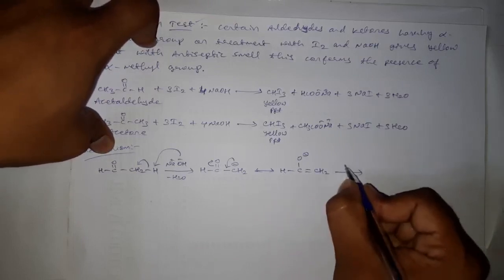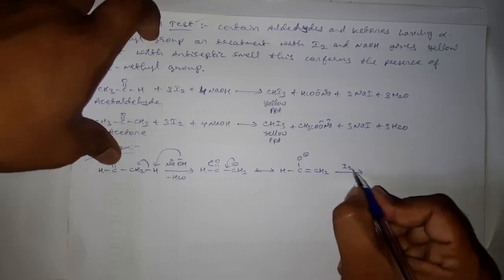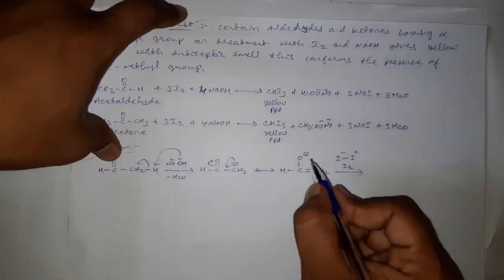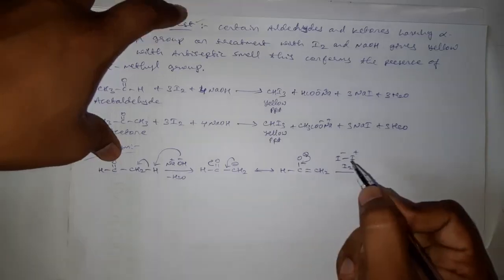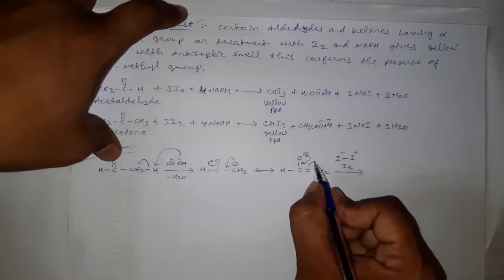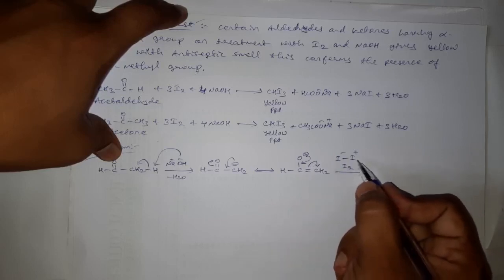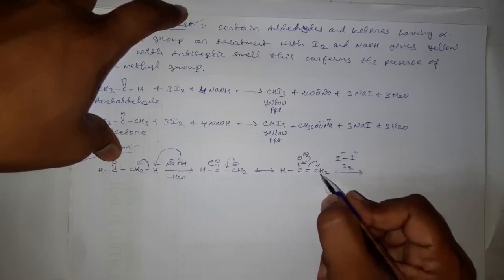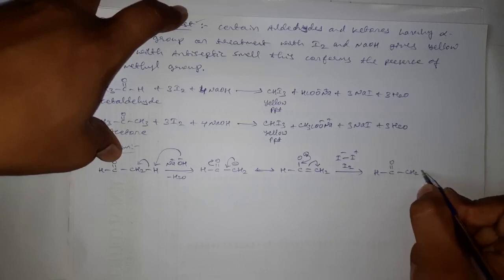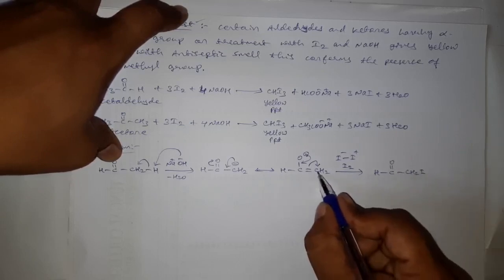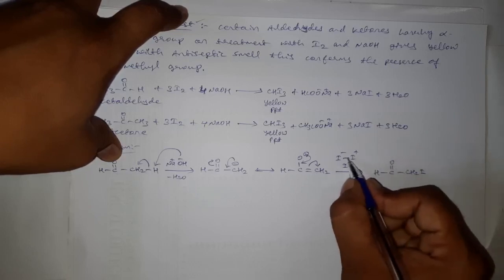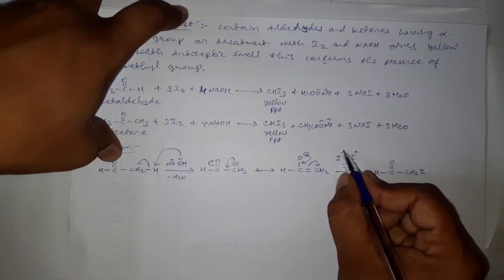And when it is treated with iodine, this iodine is there as I minus I plus, and this negatively charged electron pair will now delocalize through this oxygen carbon single bond, and this double bond will now move towards a carbon, and the positive iodine will now combine with this negatively charged carbon to form HC double bond O CH2I. This negatively charged carbon will now attract this I plus, positively charged iodine, and these bonded pairs of electrons will now move towards I minus.